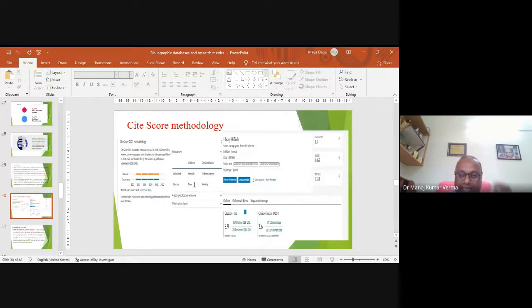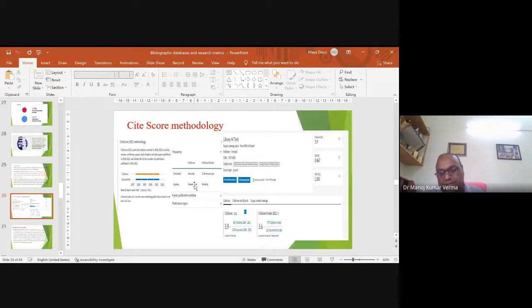The total citations received in 2018 to 2021 by the articles published, divided by the articles published in 2018 to 2021. Suppose, for example, a journal A is there. If you want to calculate the CiteScore of that particular journal, then we can calculate like this.